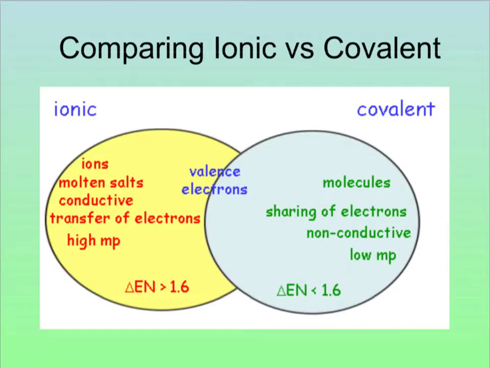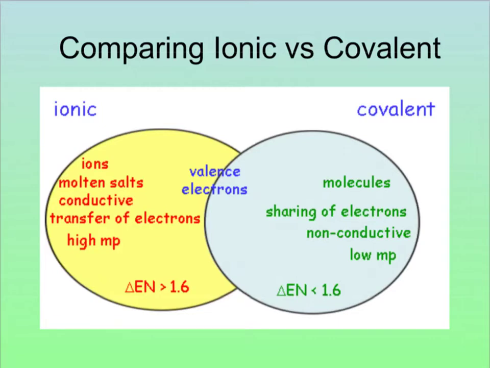So if you compare the ionic versus the covalent, you can see that ionics form what are called ions. These are positively or negatively charged elements or molecules or compounds, whereas a covalent forms a non-charged molecule. Ionics can be molten salts.